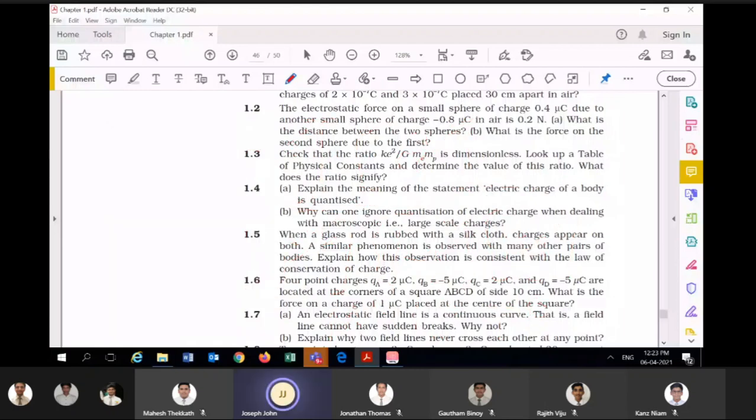Can I write numerical value? Next subheading, numerical value.